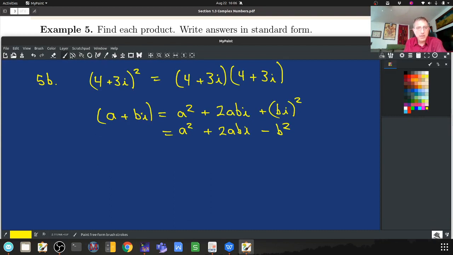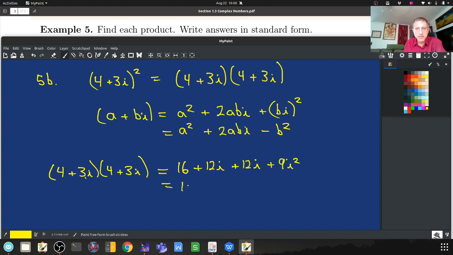We can FOIL it or do the other way. So 4 plus 3i times 4 plus 3i. My first terms is 4 times 4, that gives me 16. My outer terms is 4 times 3i, so that's 12i. My inner terms is 3i times 4, so that's another 12i. And my last terms is 3i times 3i, that's plus 9 times i squared.